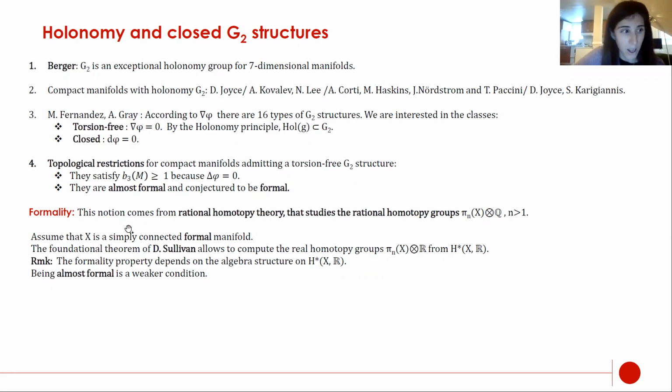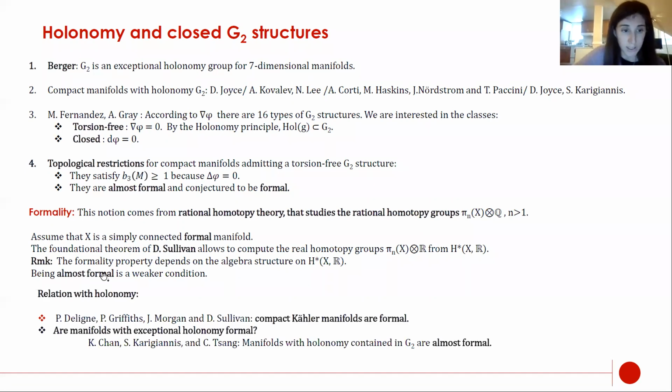And well, being formal is just kind of a weak condition, but I'm not gonna go into that. And this notion of formality is related with holonomy.